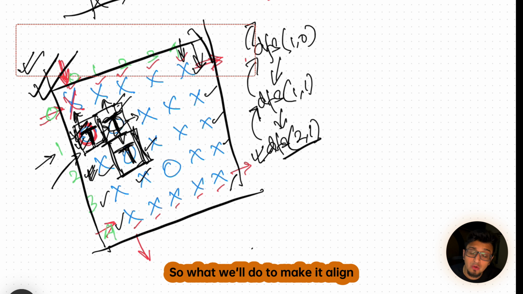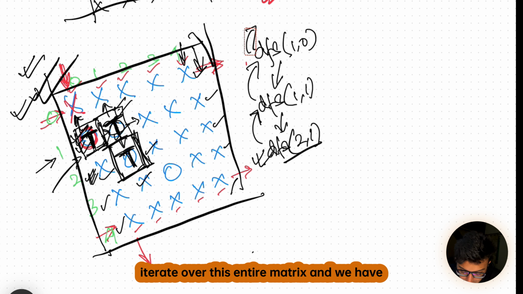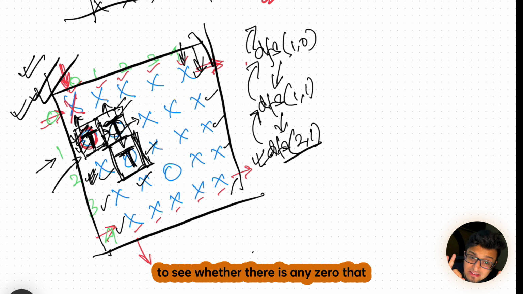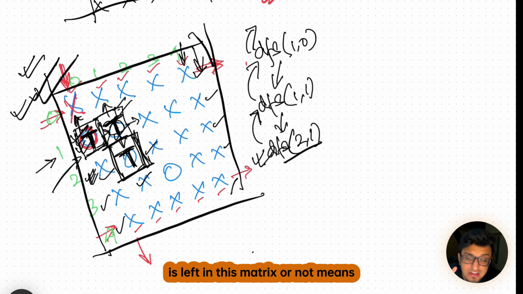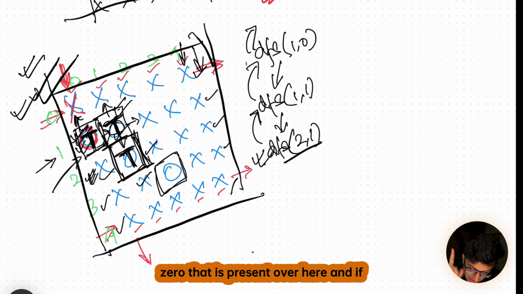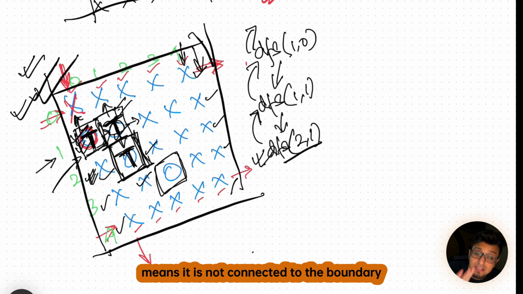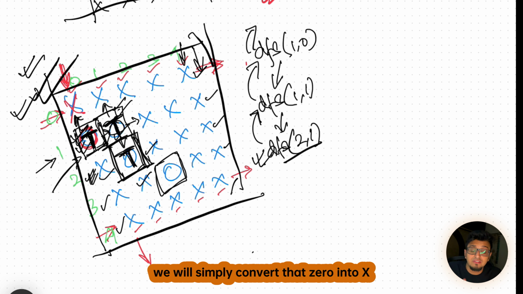So to make it align with our problem statement, we have to simply iterate over this entire matrix, and we have to see whether there is any 0 that is left in this matrix or not. You can see here, this is the only 0 that is present over here, and if there is any 0 that has remained untouched, means it is not connected to the boundary, we will simply convert that 0 into X, and that's it.